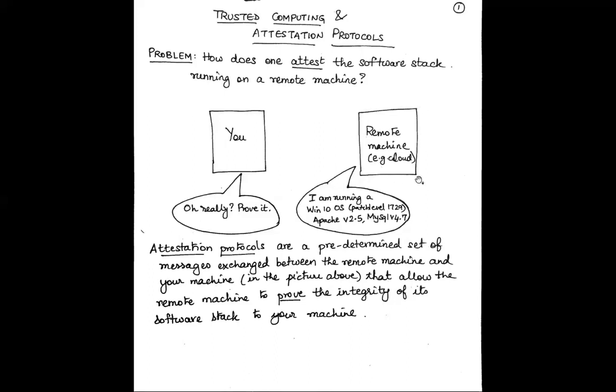And the remote machine is going to be called the prover, right? The prover is the one that is trying to prove certain claims about what software they're running, and you will be verifying those claims. If you successfully verify those claims, you have reason to believe that the remote machine is telling the truth. And if the remote machine is lying, you'll be able to catch it. So that's the idea behind attestation protocols.